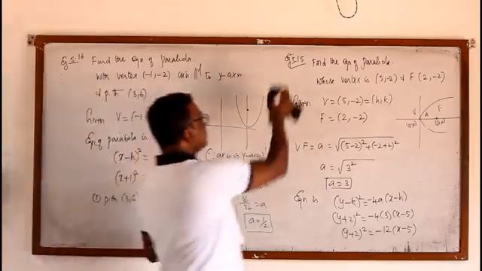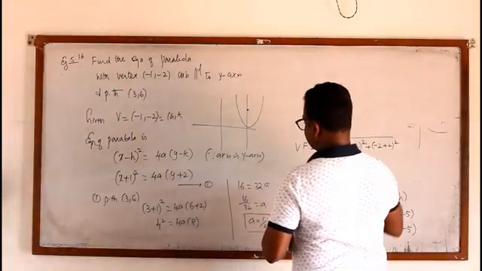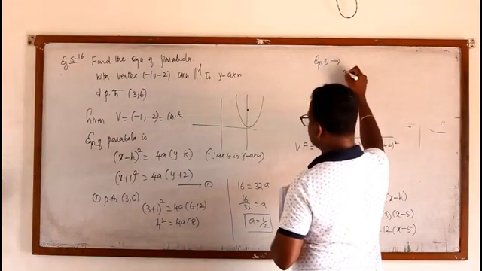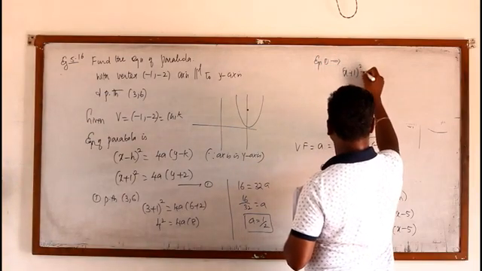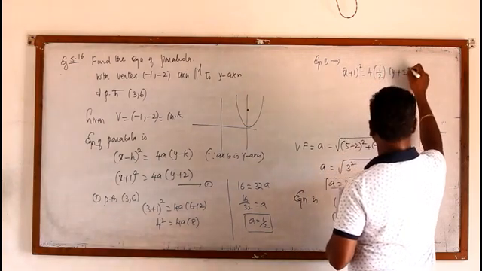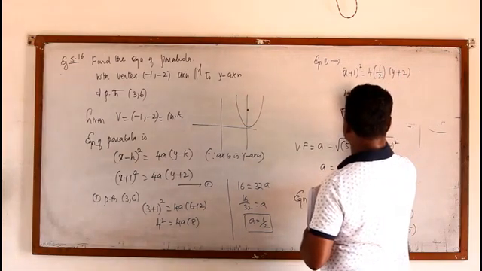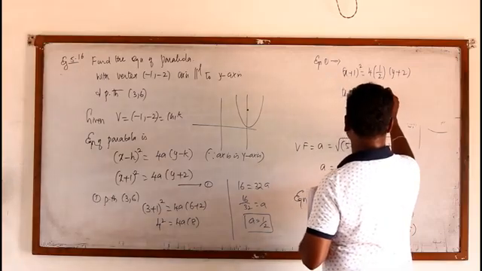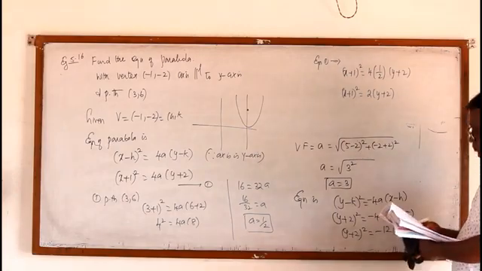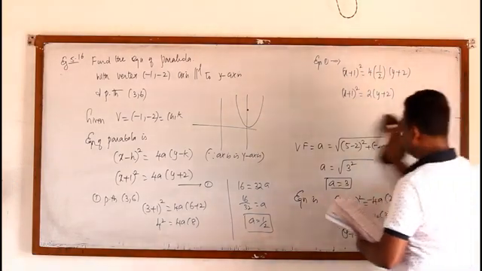Substituting for a, equation becomes (x plus 1) the whole square equal to 4 into 1 by 2 into (y plus 2). So the equation of the parabola is (x plus 1) the whole square equals 2 into (y plus 2). So this is the parabola.